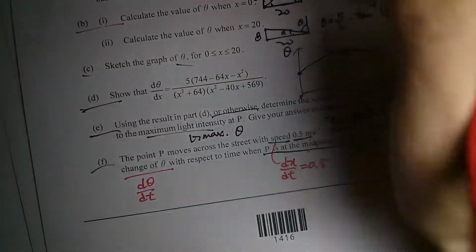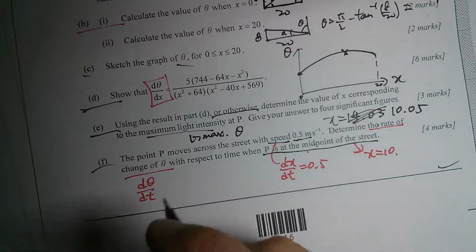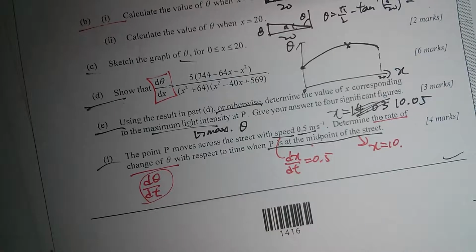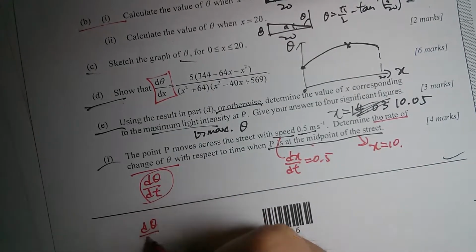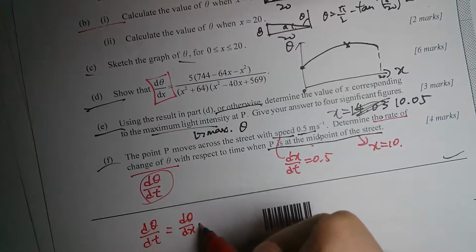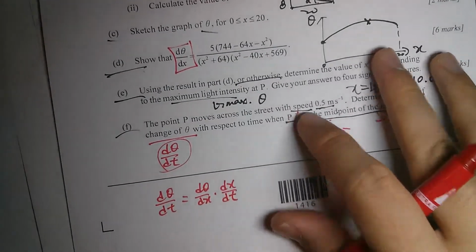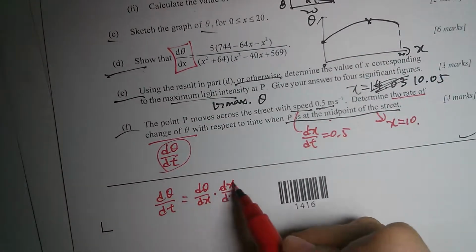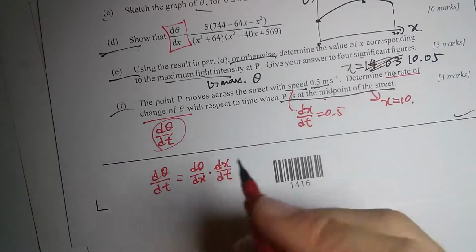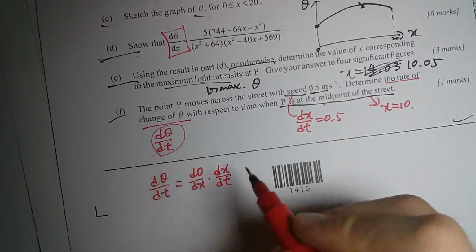Note that on top here, we have d theta/dx. And you're looking for d theta/dt, so obviously d theta/dt equals d theta/dx times dx/dt. This is true kind of because dx and dx will cancel out like a fraction. Well, due to something called differentials, this is actually true.